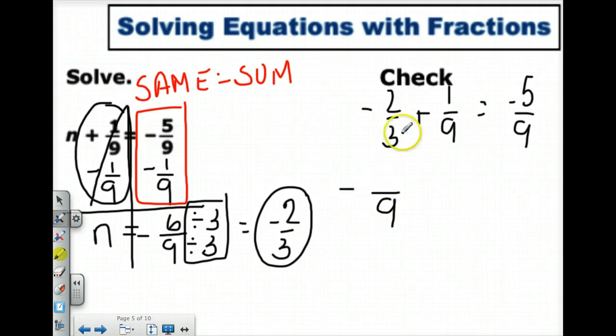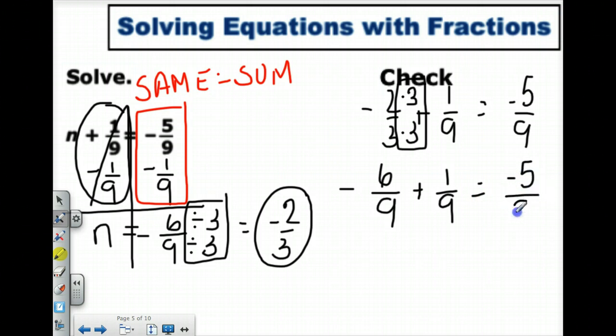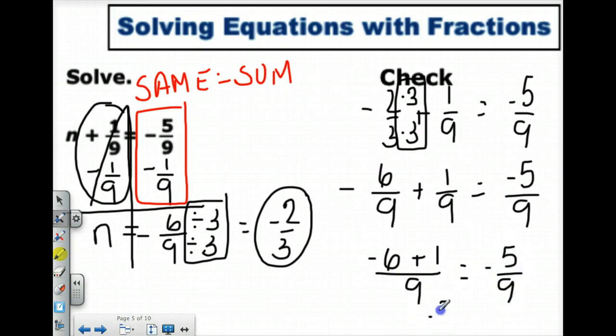I'm multiplying both the numerator and the denominator by 3. I now have negative 6/9 plus 1/9 is equal to negative 5/9. Negative 6 plus 1 over 9 should equal negative 5/9, and it does.